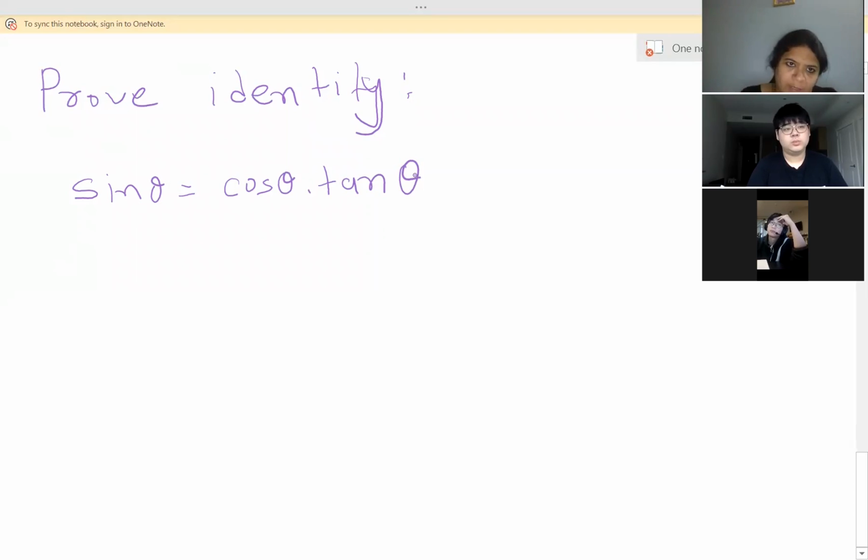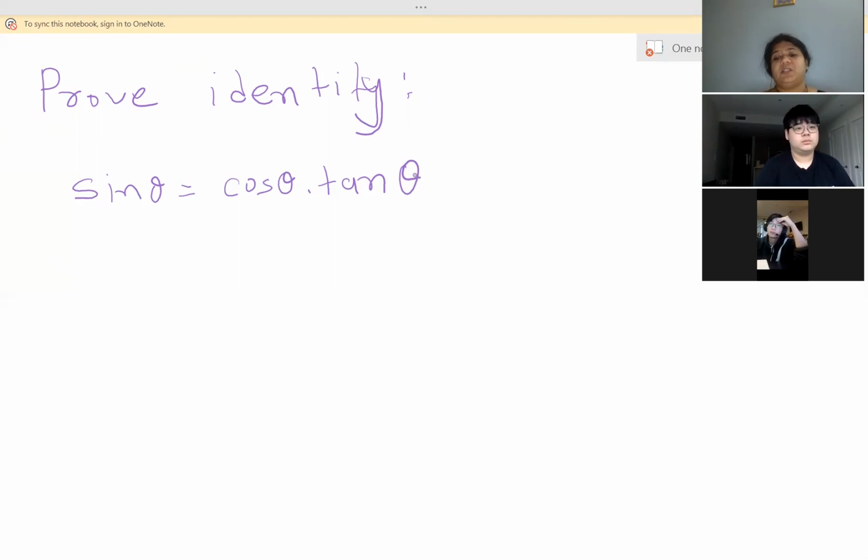Now, let me give you three tips on how we are going to prove it. See the question. In the question, we have an equal to sign. First of all, I want to prove something. Whenever I get a question like this, my concern is that my left side is equal to right side. I want to prove both of them are the same.